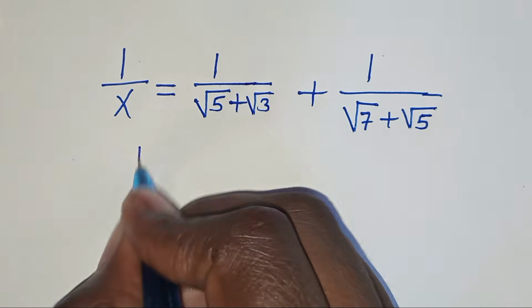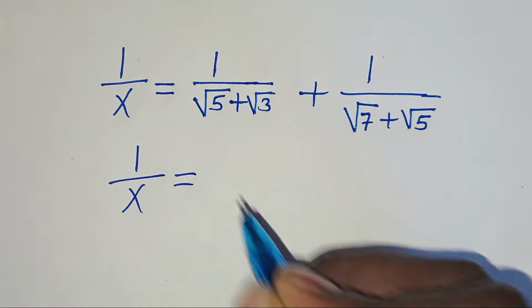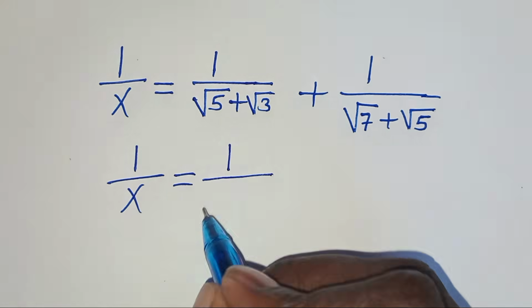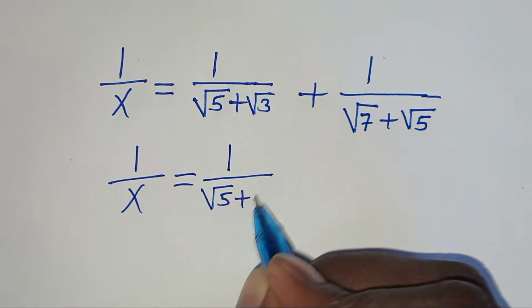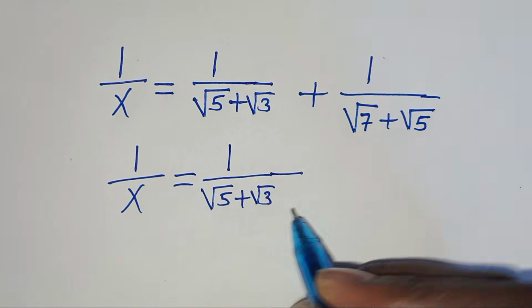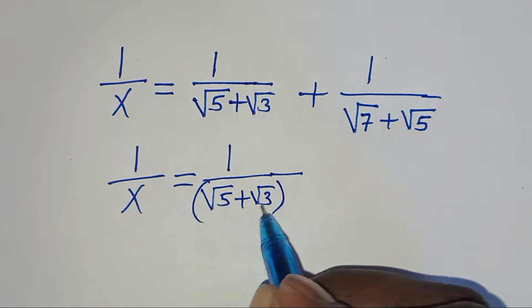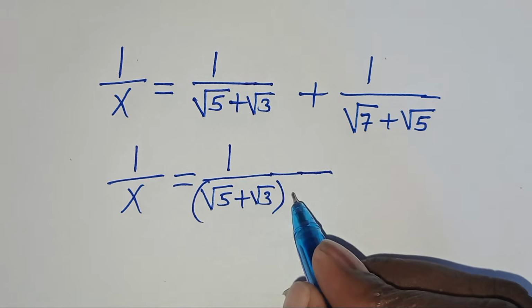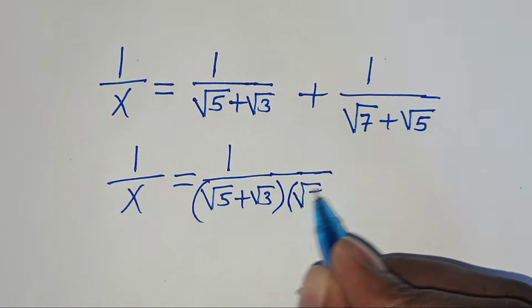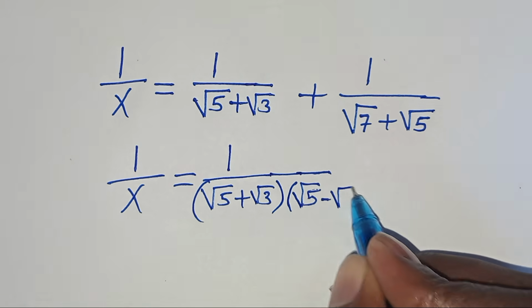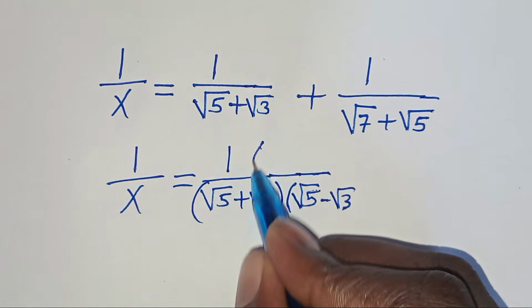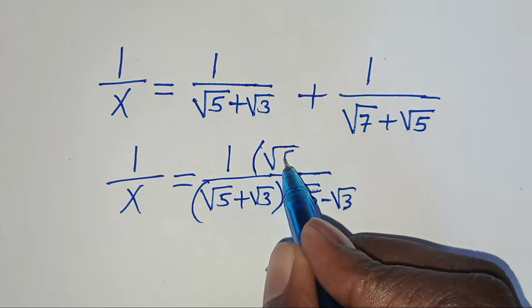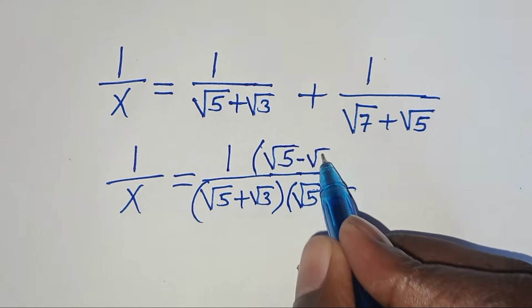Now the next step is that you have 1 over x equal to 1 over the square root of 5 plus the square root of 3. So let's rationalize the denominator here by introducing a conjugate, which is the square root of 5 minus the square root of 3. And let's multiply this conjugate in the numerator here, which is the square root of 5 minus the square root of 3.